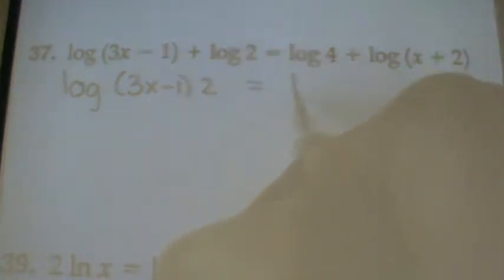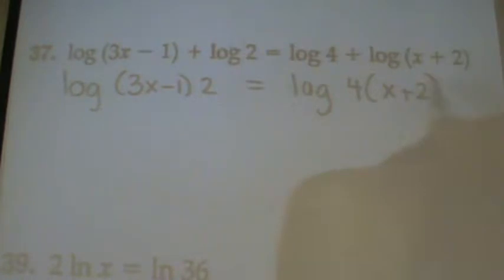37. How would you condense this side? Actually, you can condense both sides. The left side would be the log of 3x minus 1 times 2, and the right side would be the log of 4 times x plus 2. We can cross those logs out.